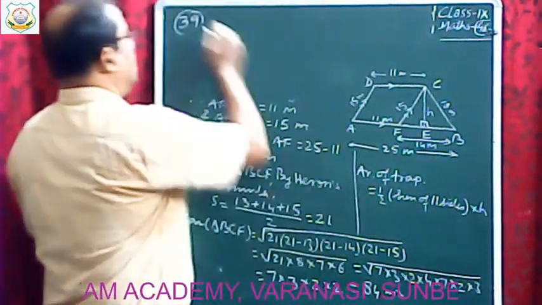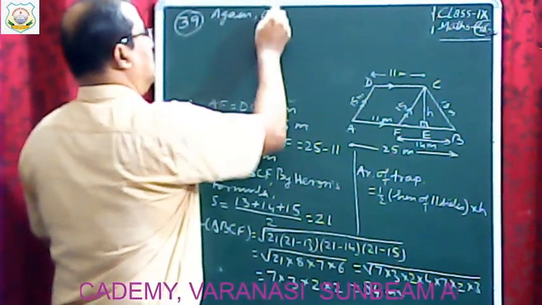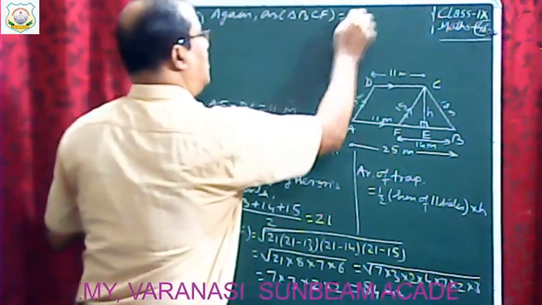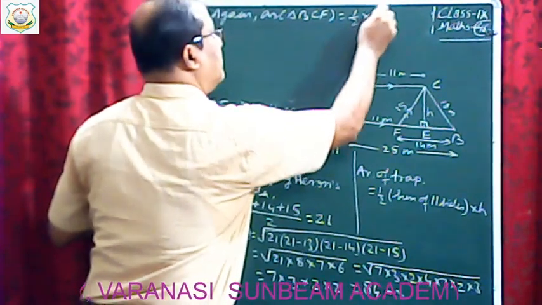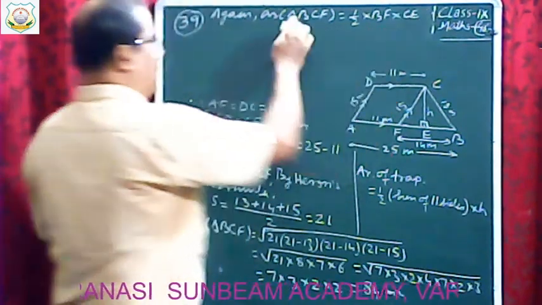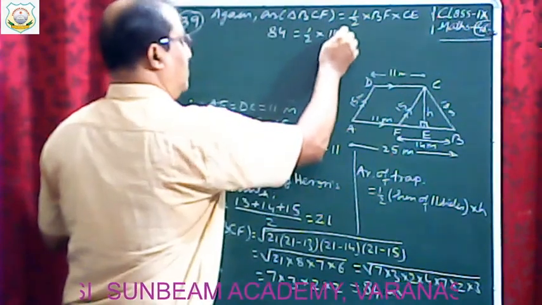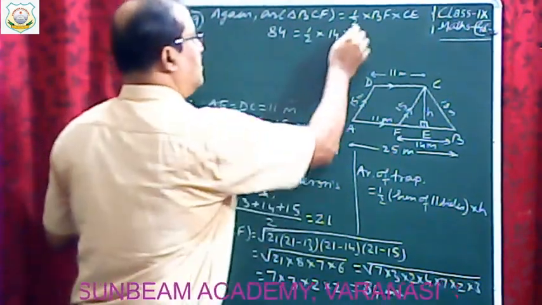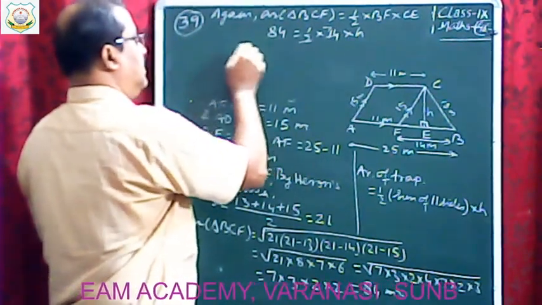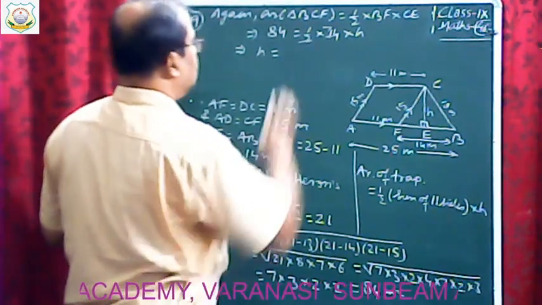Again, area of triangle BCF equal to half into base BF into height CE. Area we have 84 equal to half into 14 into H. So 7, so finally we get H equal to 12.